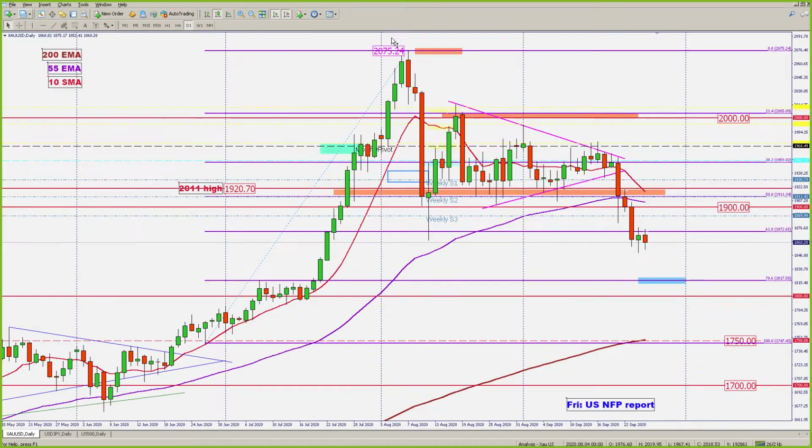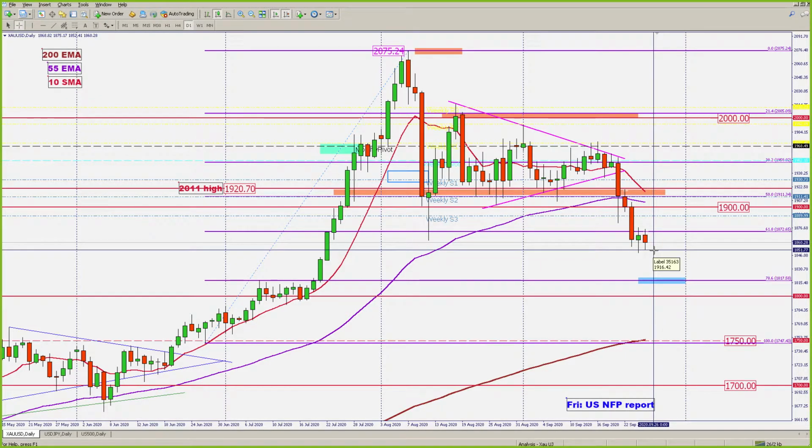and that was the break from the apex of the triangle that we had drawn last week, and it fell straight away from the beginning of the week, and managed to find some support near the 1850 level.